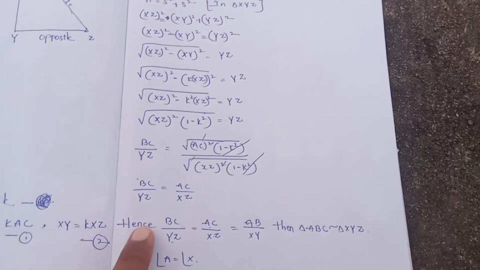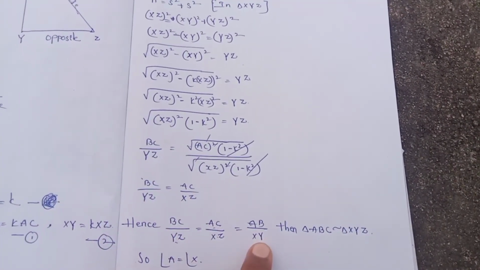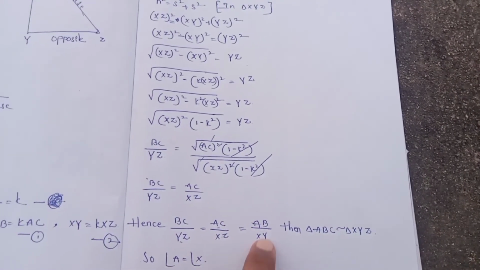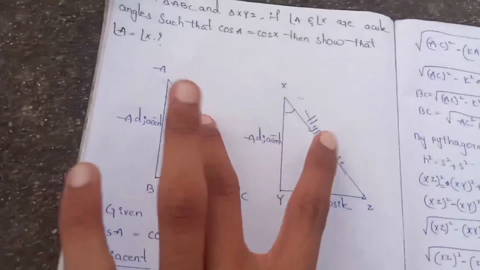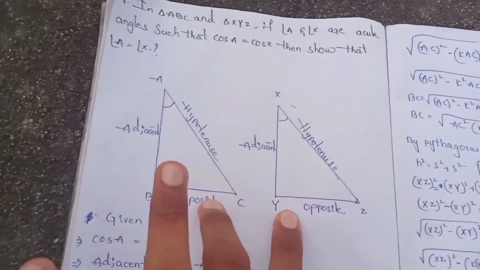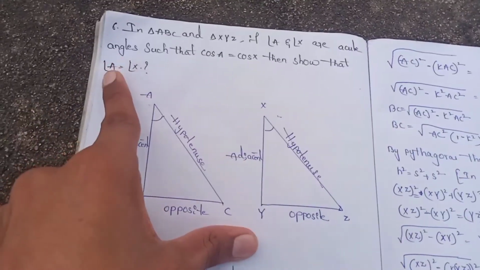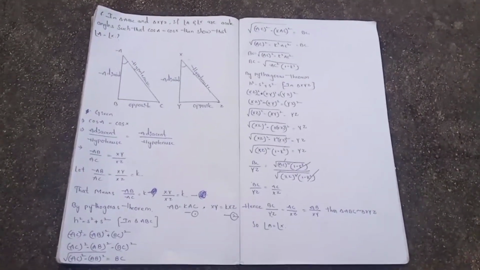Hence BC by YZ, AC by XZ and AB by XY are all equal, so angle A and angle X are equal. This is our problem.